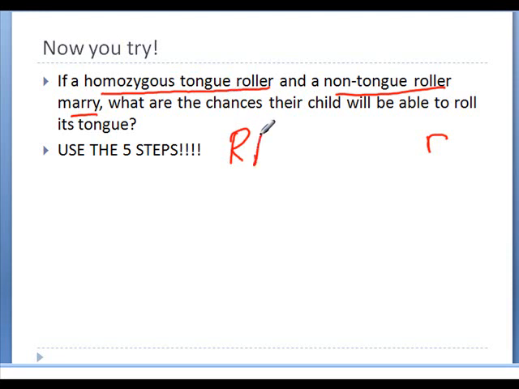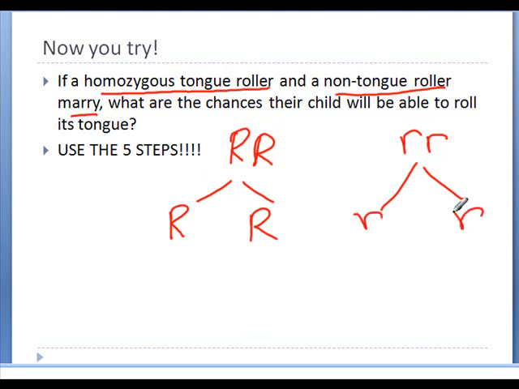That means that one parent is dominant, carrying both the alleles, and the other parent has to be recessive. Now, if I separate out the alleles, I get capital R, capital R, and small r, small r. So I did my 2 steps up here.